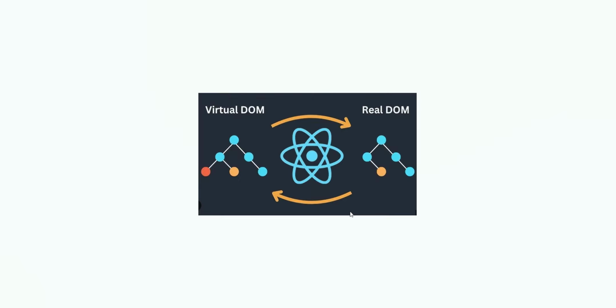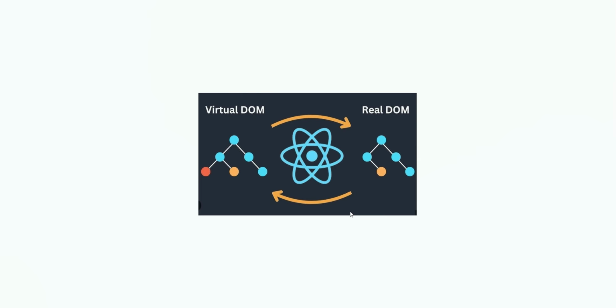Whenever we create any React application, it maintains a copy of the real DOM, and whenever any update happens to any of the properties or variables in our application, it will not be sent to the real DOM immediately.